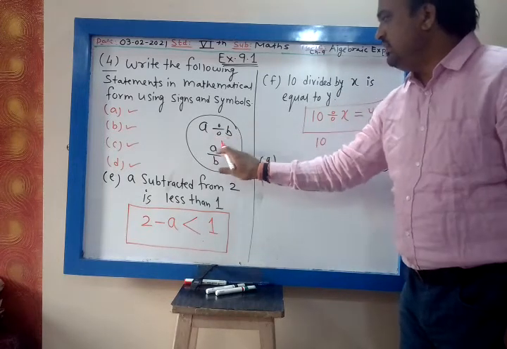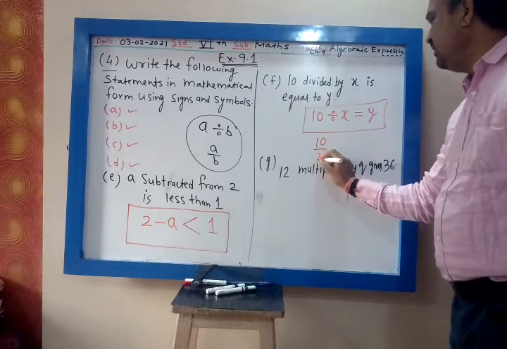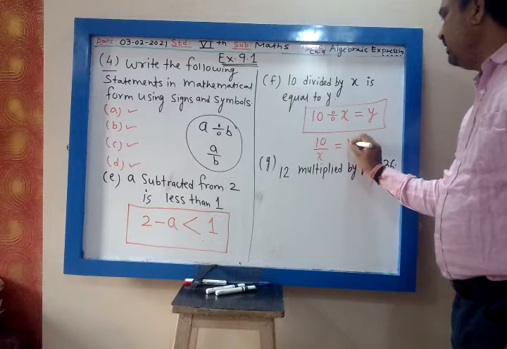A divided by B means A upon B, so 10 divided by x I can write 10 upon x is equal to y.